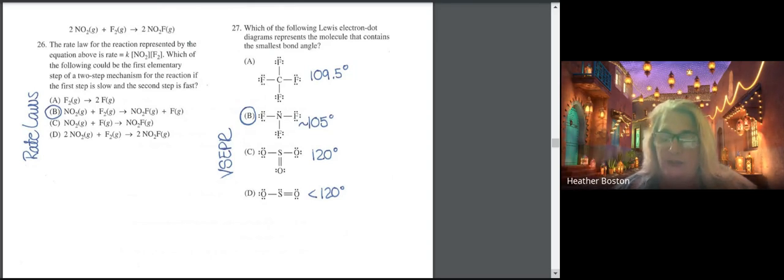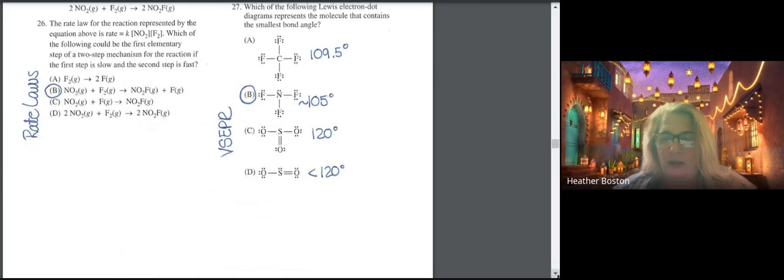Second one has 4 things going on around the central atom. I don't know why I wrote 105. That should be 107. 3 bonding pairs, 1 lone pair. So it's going to warp the bonds down a little bit. C has 3 things going on, no lone pairs, so it'll be 120. D has 3 lone pairs, so it'll be a little bit less than 120. So the correct answer is B.